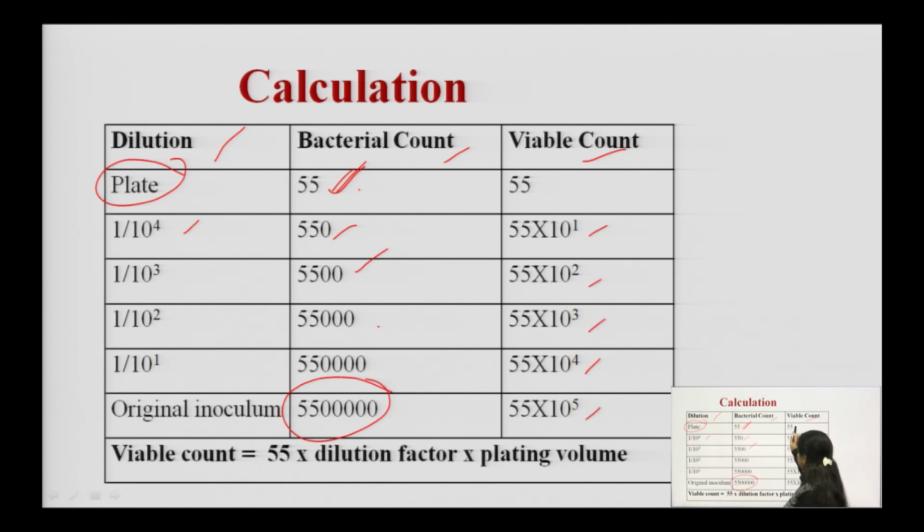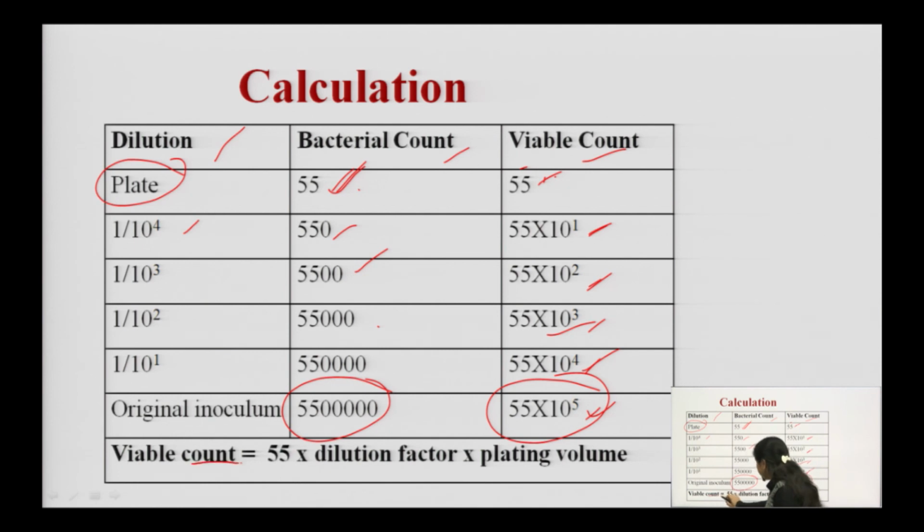The initial plate we selected, in which we can easily count, was containing 55. The sample from which that was taken was containing 55 into 10 raised to power 1, this was containing 55 into 10 raised to power 2, the third test tube was containing this one, the first test tube was containing this one, and the original inoculum was containing this much number of bacteria.